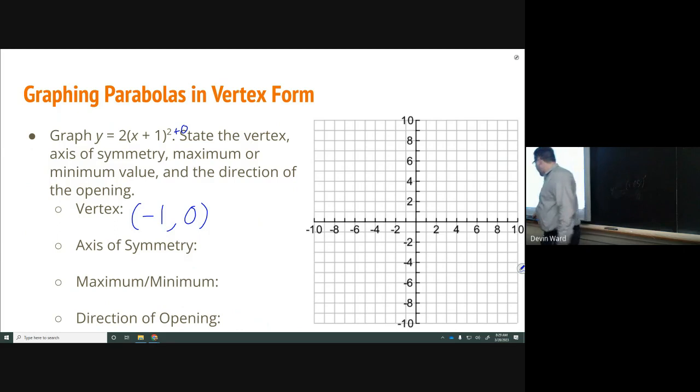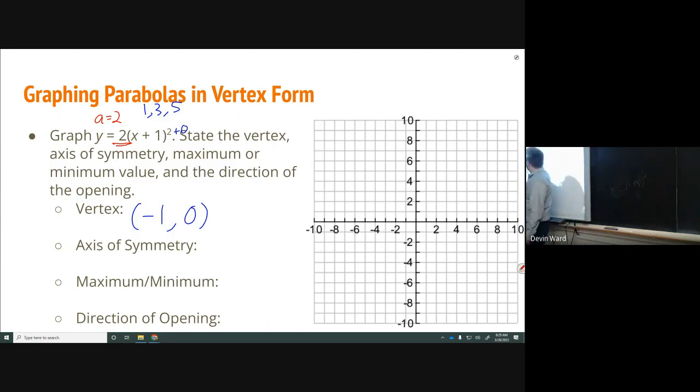Now, do we have an a value this time? Yes, we do. So a equals 2. Okay? So instead of going up 1, 3, and 5, I'm going to multiply each of those by 2.